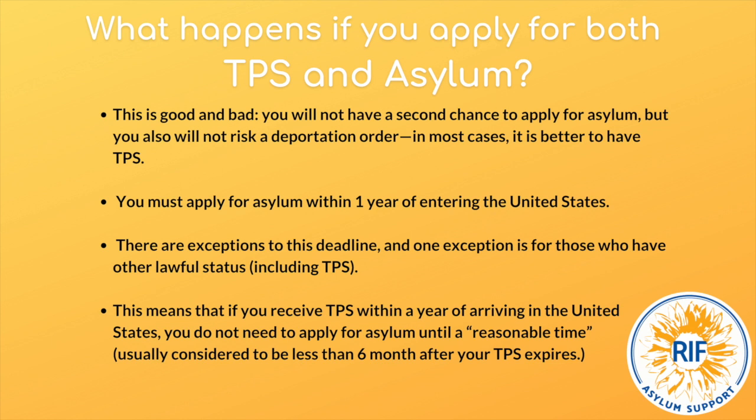It usually means that if you have received the TPS within 1 year of arriving in the US, you don't need to apply for asylum until what is called a reasonable time. Usually it is considered to be less than 6 months after TPS expires. So you see, you have a little bit more time to decide what you want to do.